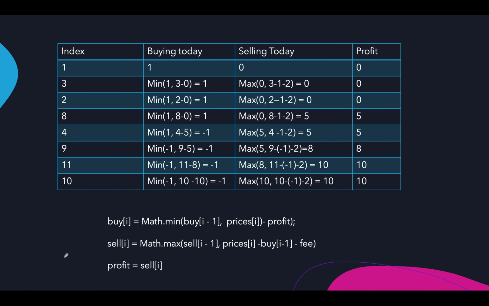So if I broadly classify, what is your goal? The goal is to buy at the least price and sell at the most price, and do as many transactions as you can. The buying criteria is to buy at the minimum price, and the selling criteria is to sell at the maximum price out of all the possible options that we have.